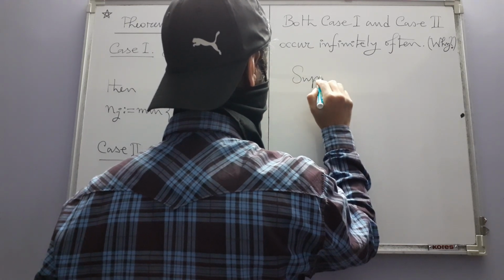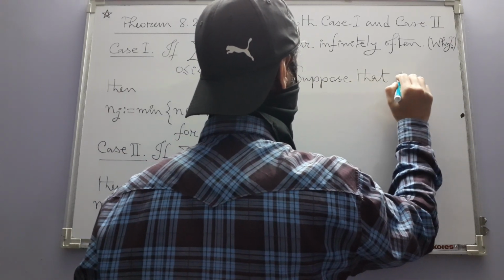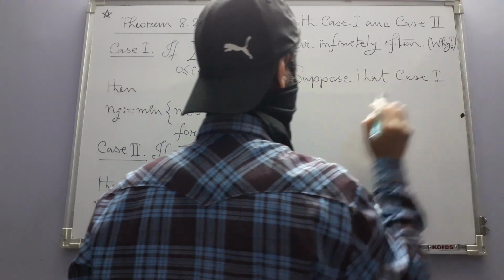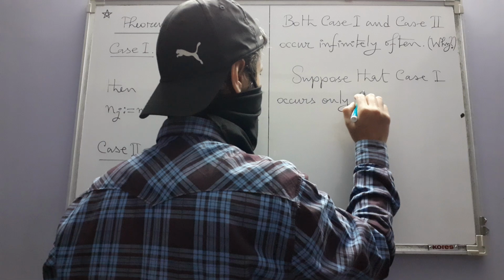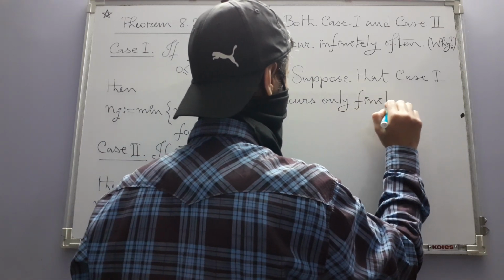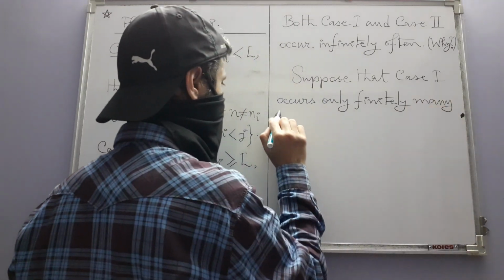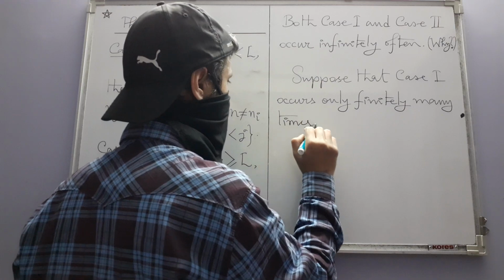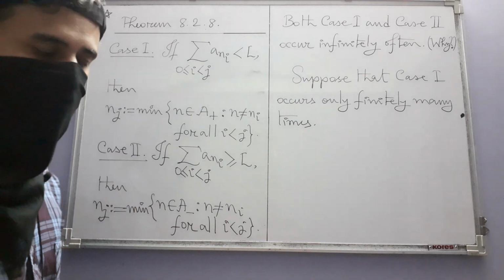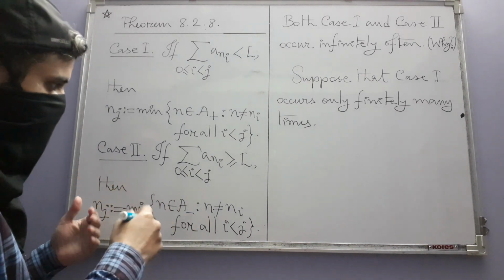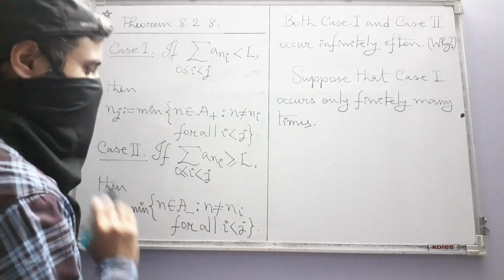Suppose that case 1 occurs only finitely many times. So this happens only finitely many times, and for all other times case 2 is the case that keeps on happening.